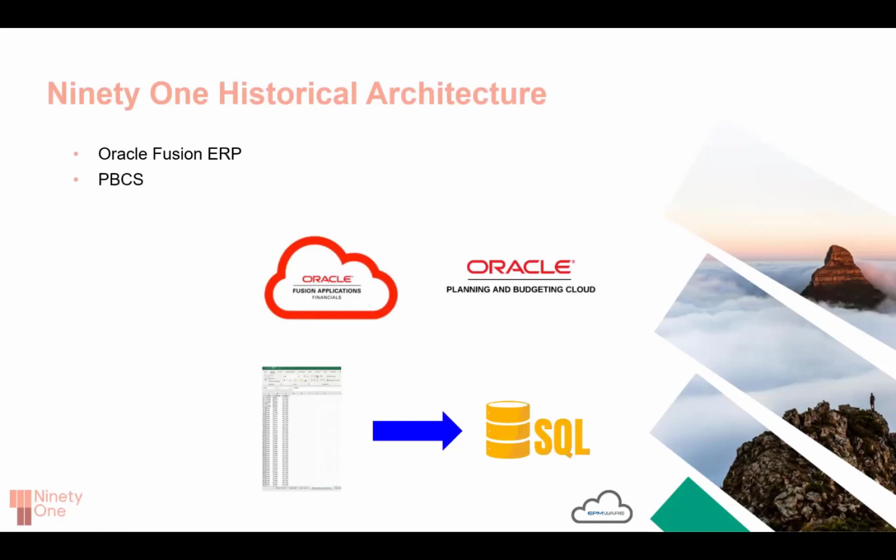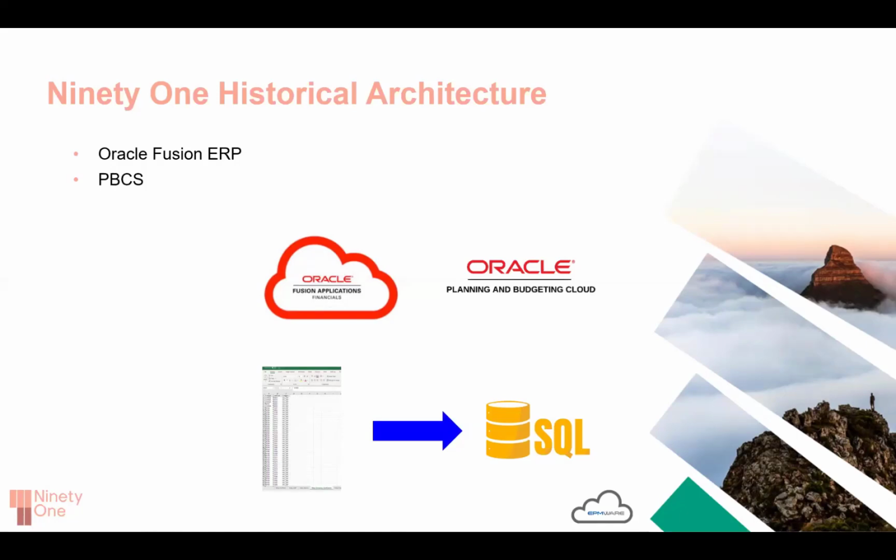So if we look at our history and why we went with Oracle ERP, PBCS, and in turn EPMware, given our background, where we were all previously Investec, the whole stack was an Oracle stack where we had used JDE as our actual ledger and Essbase as our main consolidation reporting tool, planning for our budgeting and forecasting, and then we had DRM embedded in there on the Hyperion side, but it wasn't linked to the JDE side.